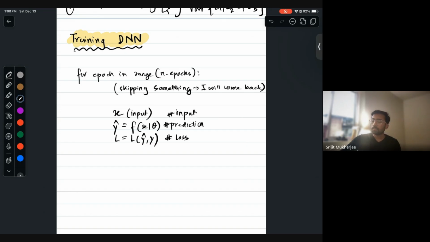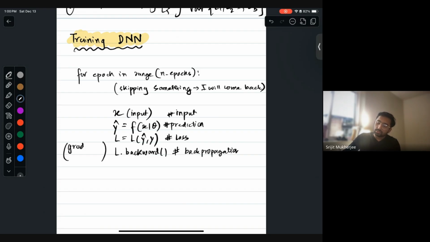Next you do loss.backward. That is backpropagation. Once you do loss.backward, the gradients are stored, updated. Then you have an optimizer, which is how you do gradient descent, how you optimize.